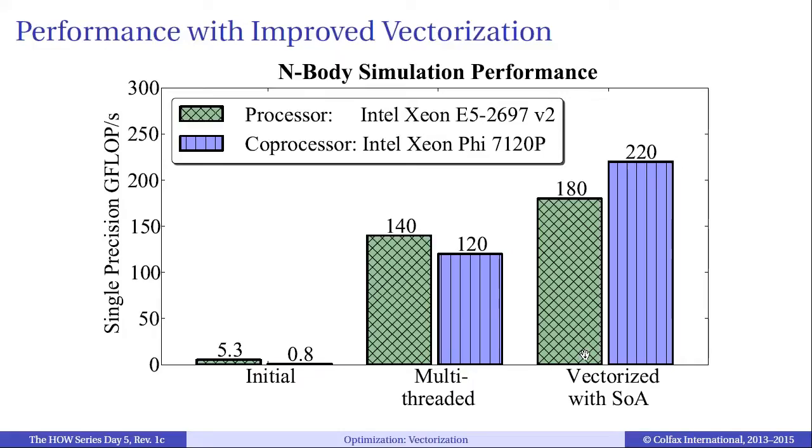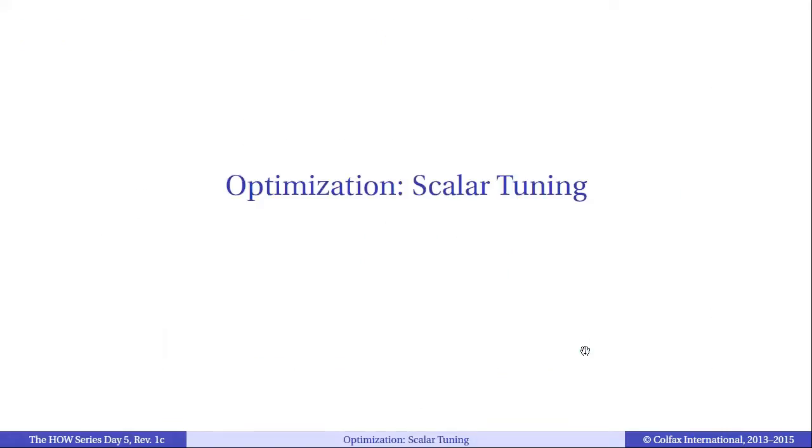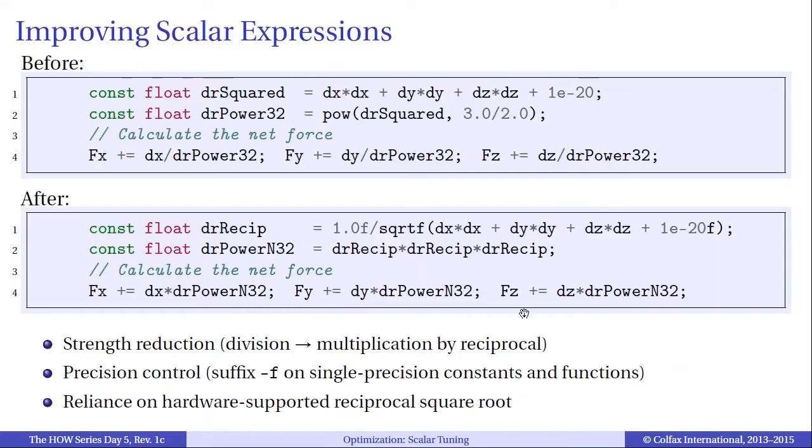Now, let's focus on what's happening inside of every vector lane. We call it scalar tuning. So here's what I had in the original implementation. I had this power function, and when I calculated forces, I had division by the result of this power function.